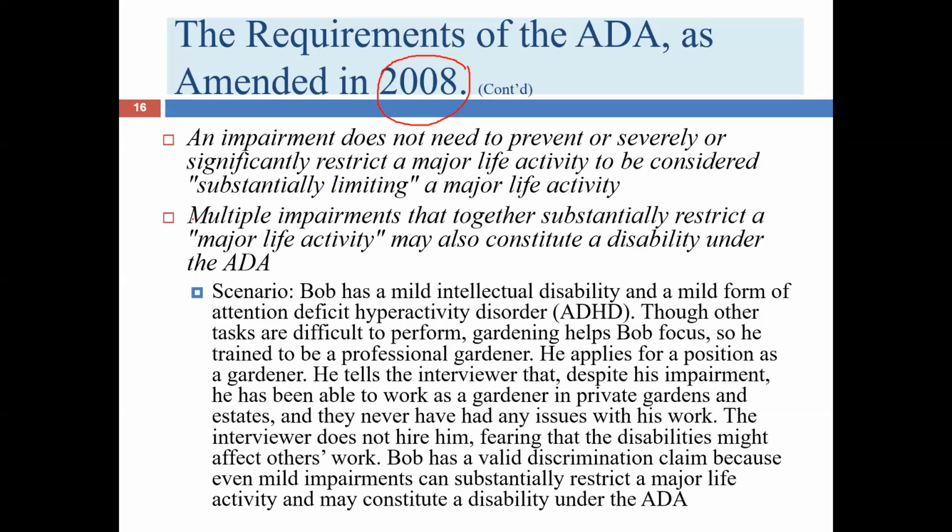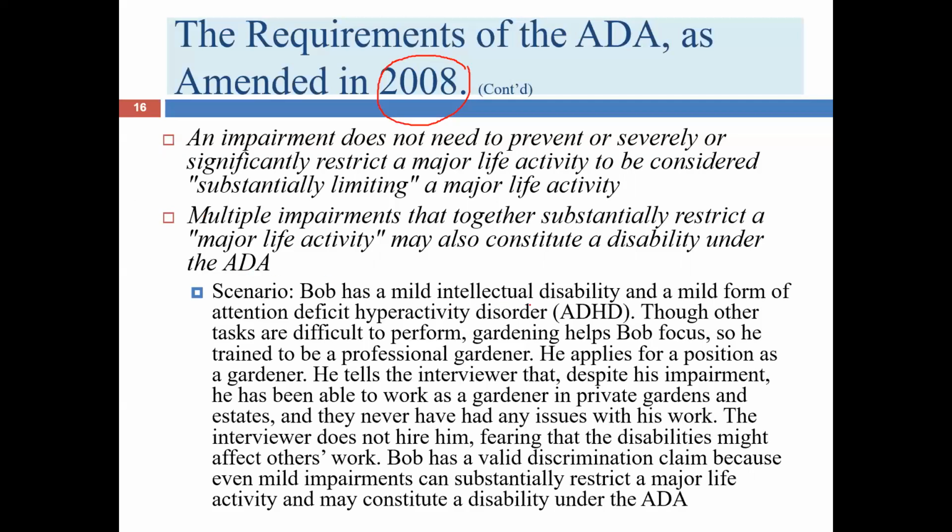Another thing to keep in mind is that if a person has two or more disabilities, or two or more conditions, we'll say, none of which are especially serious, but in combination they might substantially restrict a major life activity, we can combine those conditions or impairments to satisfy the disability requirement. So let's consider this scenario.